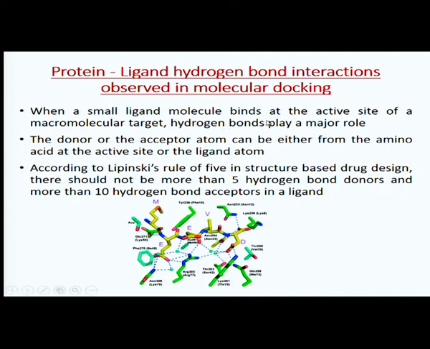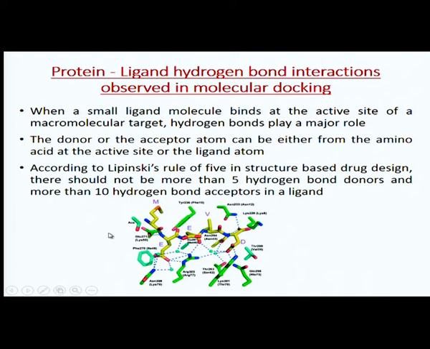So, these donors and acceptors may come either from the amino acid residues of the macromolecule or from the ligand atoms. According to Lipinski's rule of 5 in structure based drug design, there should not be more than 5 hydrogen bond donors and there should not be more than 10 hydrogen bond acceptors in a ligand.